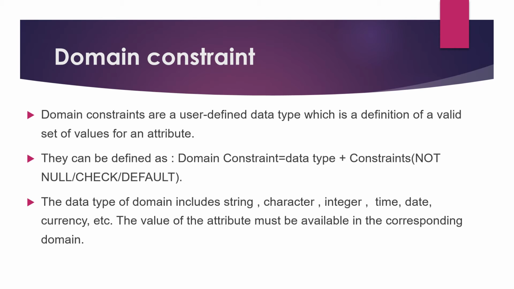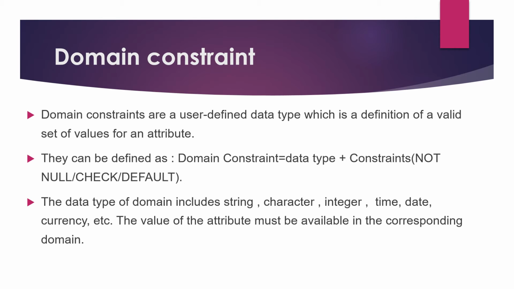For example, consider an attribute e-number of relation employee. We declared it as e-number integer. The domain constraint for e-number specifies that e-number can take any valid integer value within the range described by the integer data type.